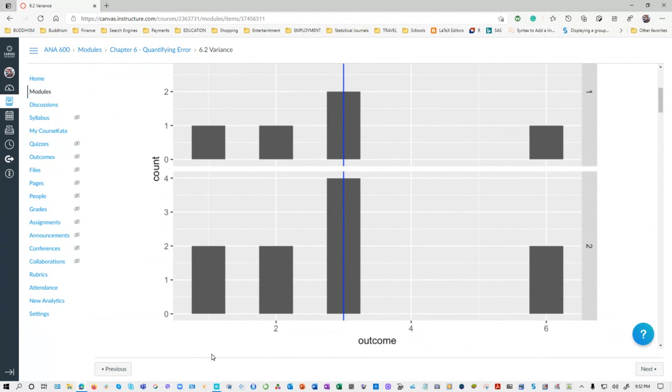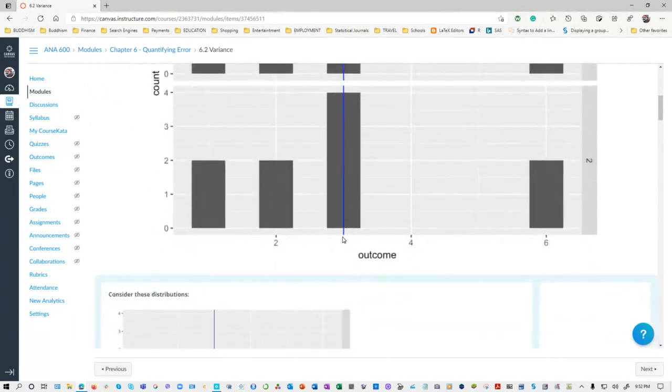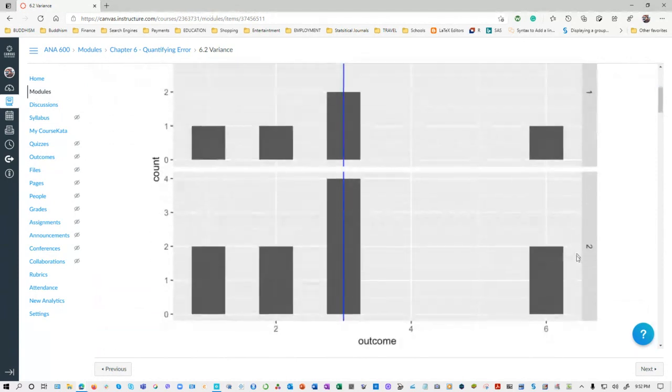Number 1 has occurred 2 times, instead of number 1 occurring 1 time and 2 only 1. Number 3 has occurred 4 times. Here 2 times. Here 6 has occurred 2 times. Here 1 time. That means this will contain more data points. How many data points? 2, 4, 8, and 10.